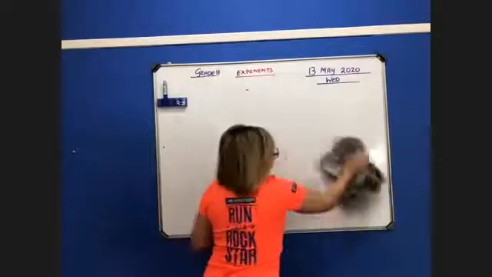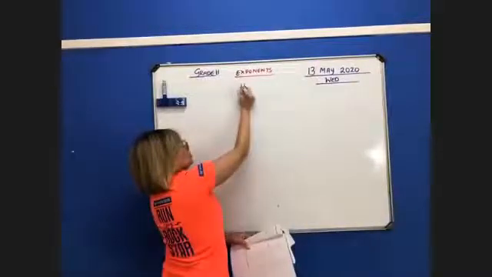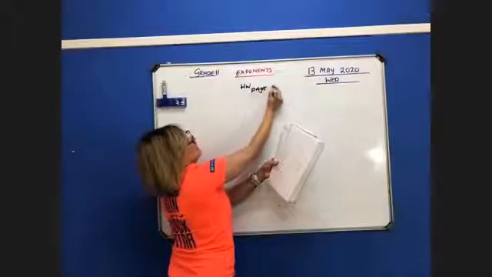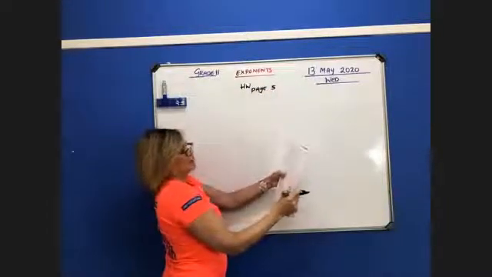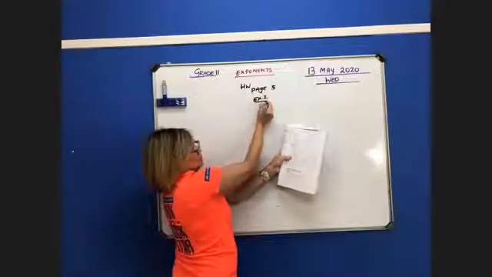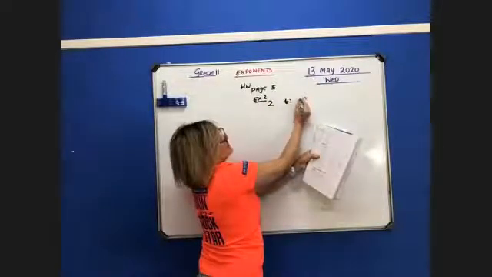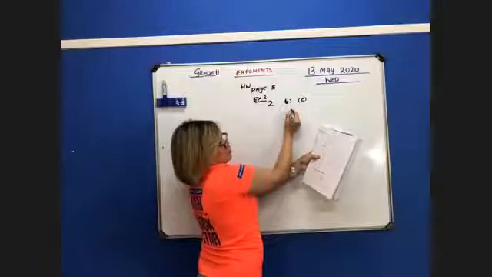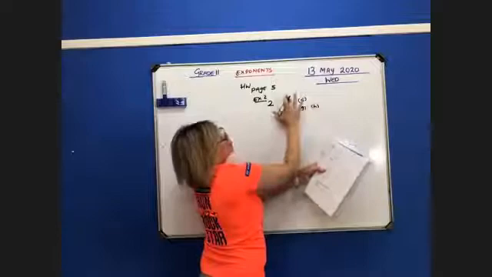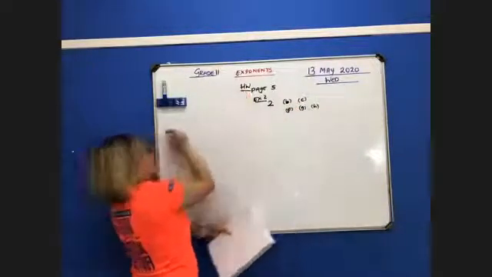So I'm still going to show you examples, but for your homework, you can go to your page 5, and you can do from exercise 2, then you can do B and C, you can do F, G, and H. All right, so that is your homework.